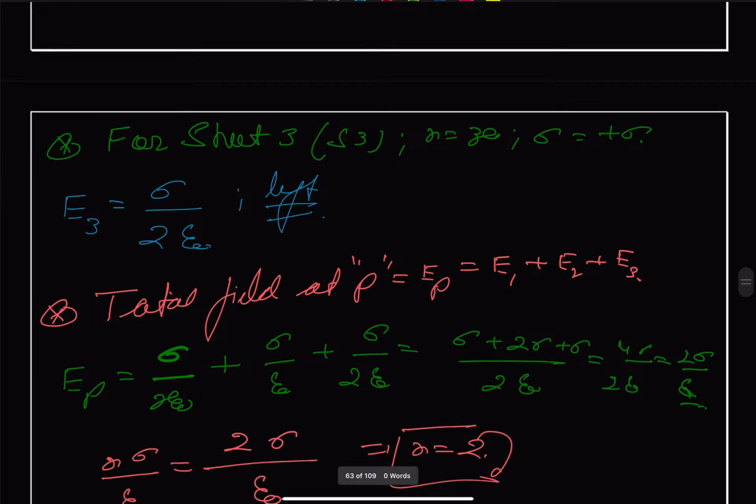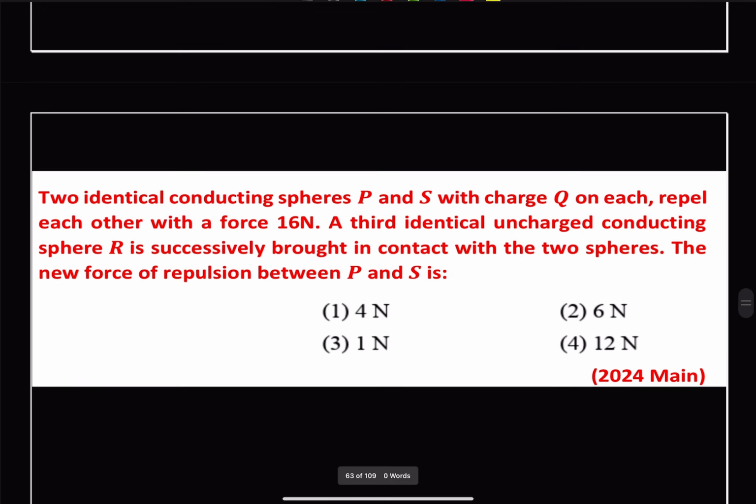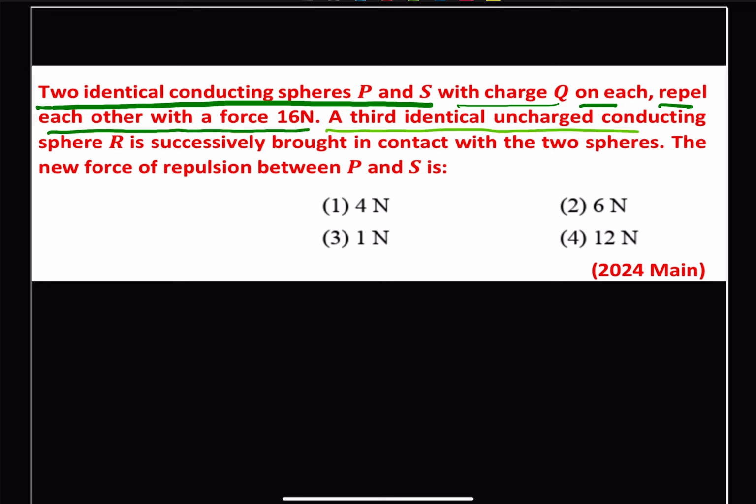Next question. It states that two identical conducting spheres P and S with charge Q on each repel each other with a force of 16 Newton. A third identical uncharged conducting sphere R is successively brought in contact with the two spheres. The new force of repulsion between P and S is.